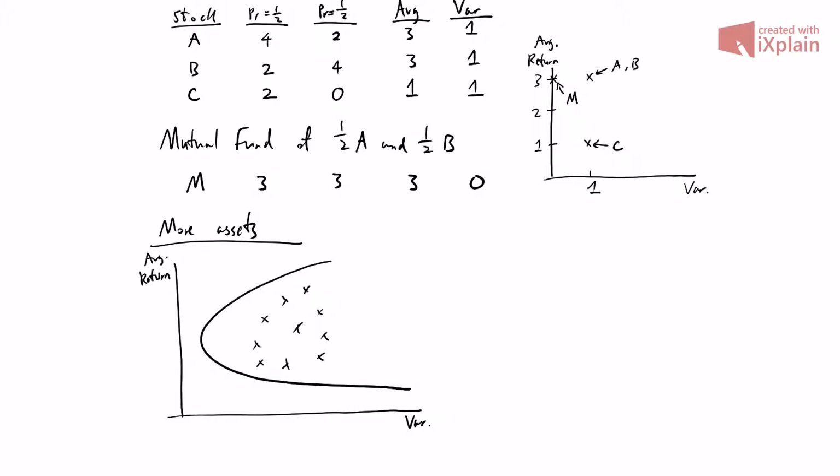You have an area, and basically some minimum risk. This would be market risk. You cannot diversify away from the market risk.